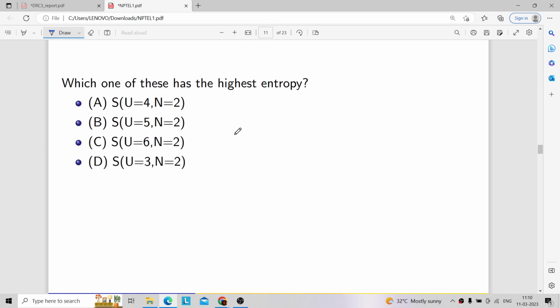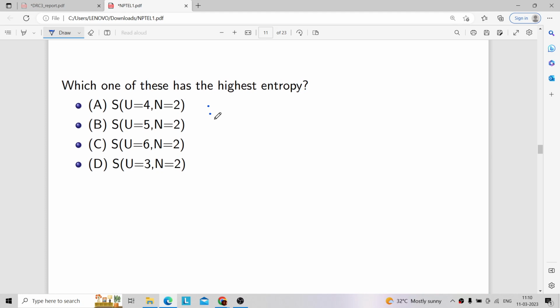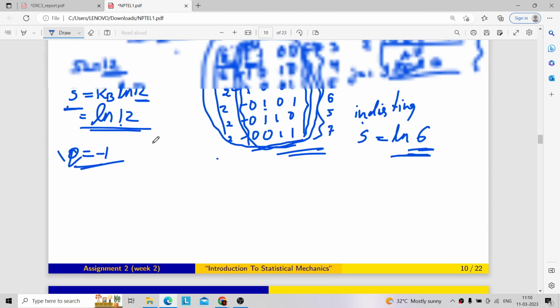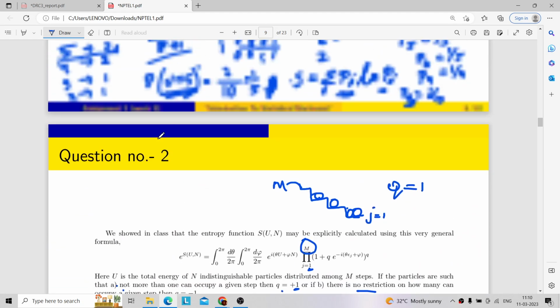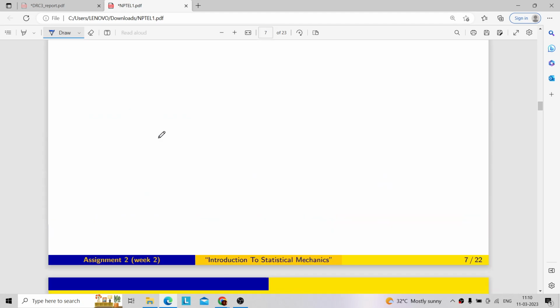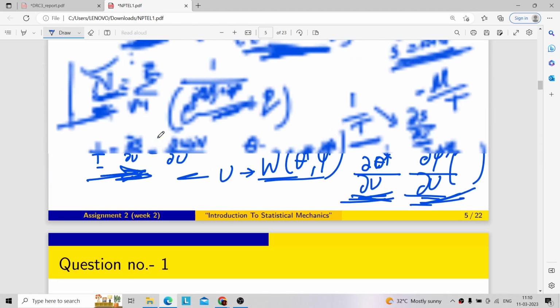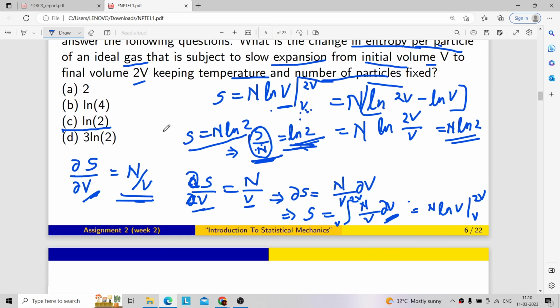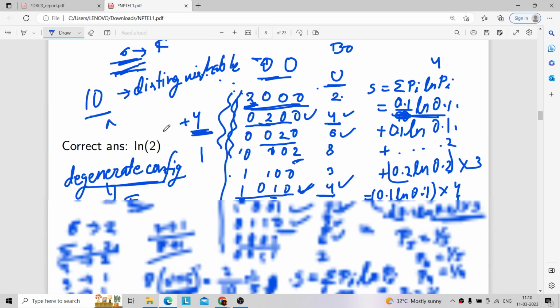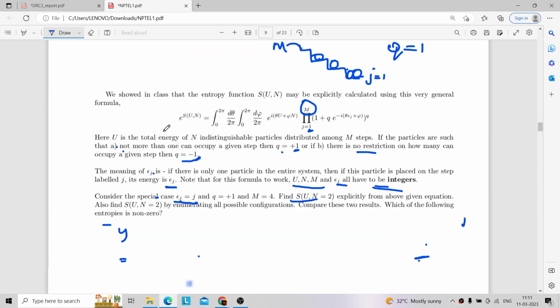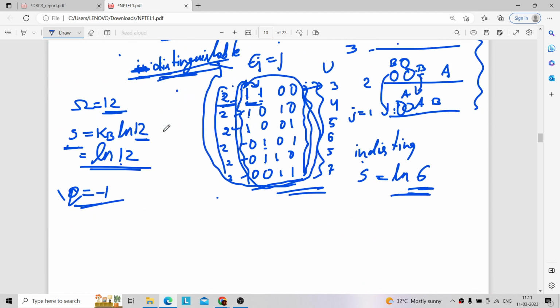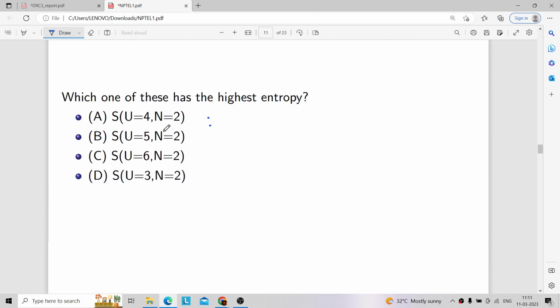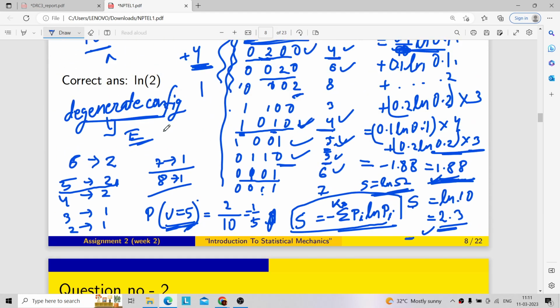Which of them has the highest entropy? We have checked. Do you have 6 energy levels?